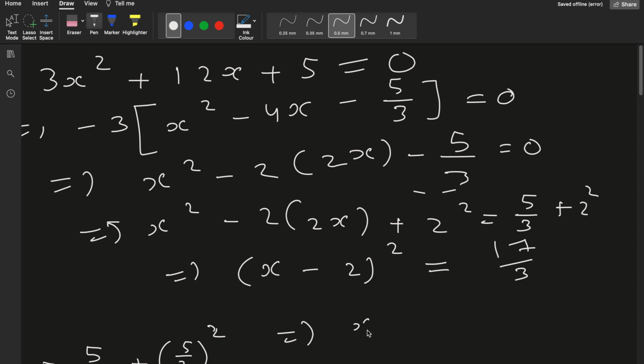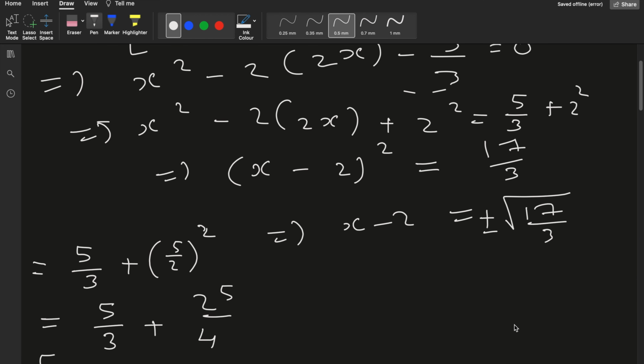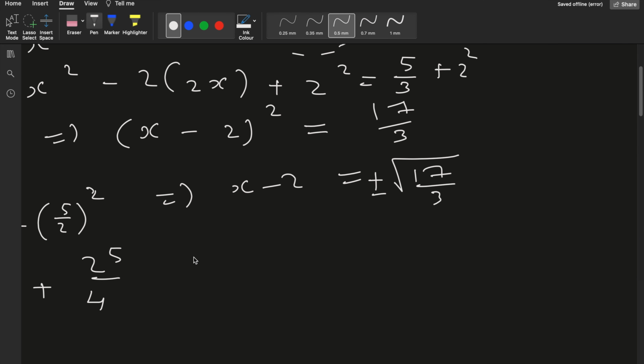This implies that x minus 2 equals plus or minus square root of 17 divided by 3, and then x equals 2 plus or minus square root of 17 divided by 3. So this is our final answer.